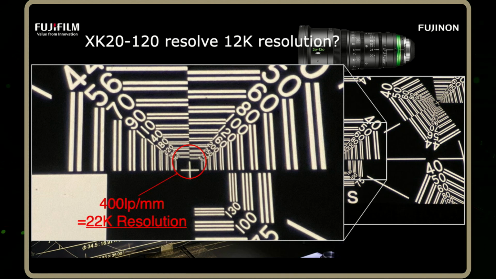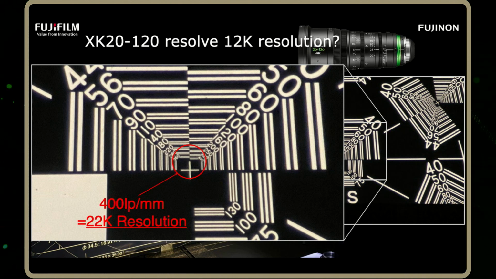Yeah, so at the actual center of this chart, I don't know if you can see this from the compression of the streaming, but on the left side kind of corner there, we're at 360 lines per millimeter. And on the right side, we're actually at 400 lines per millimeter, which is actually the equivalent of 22K resolution.